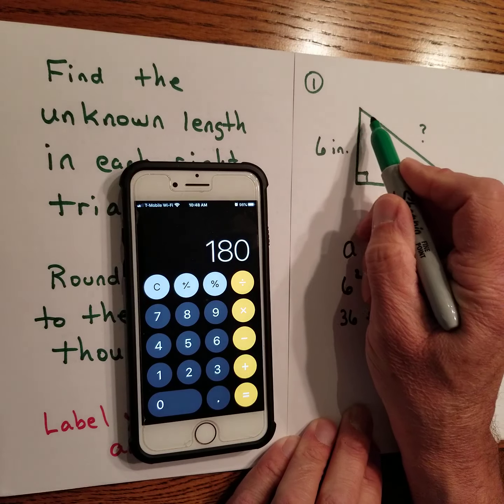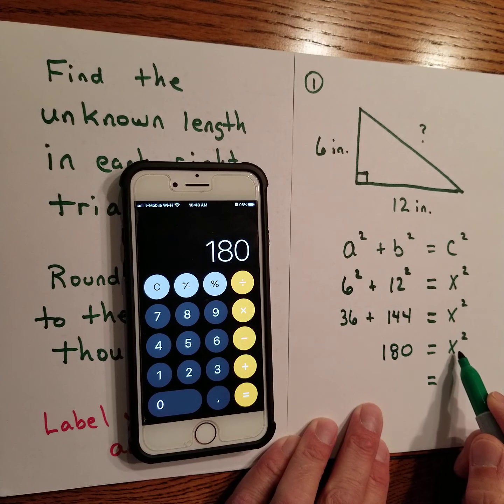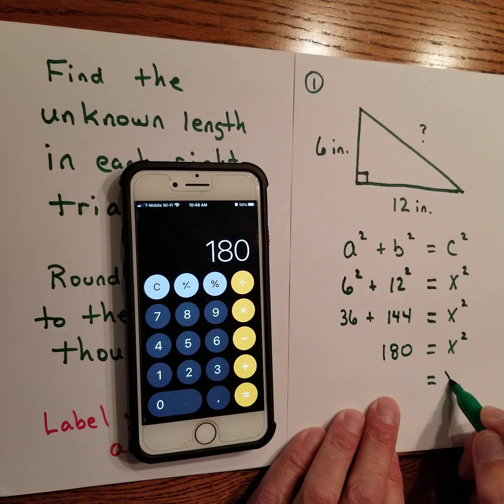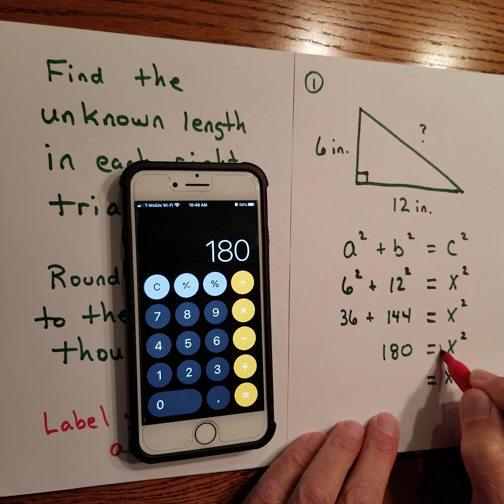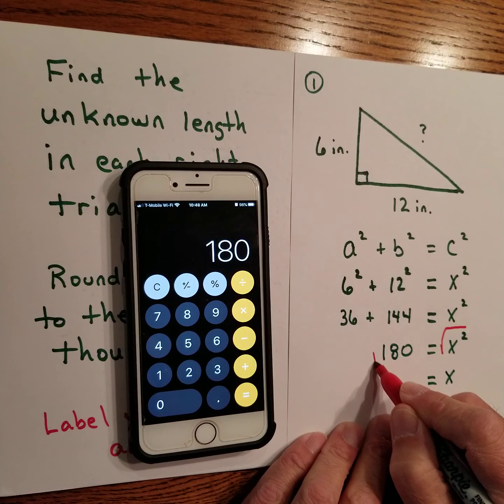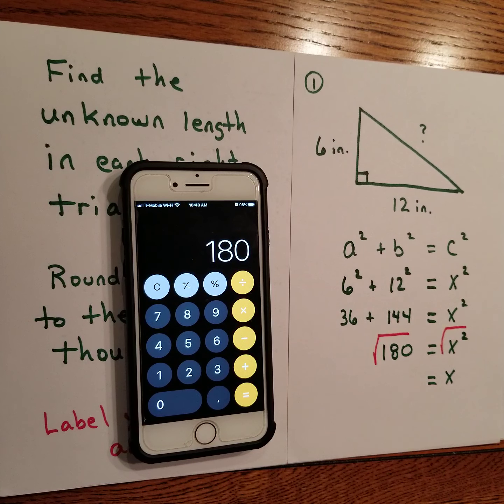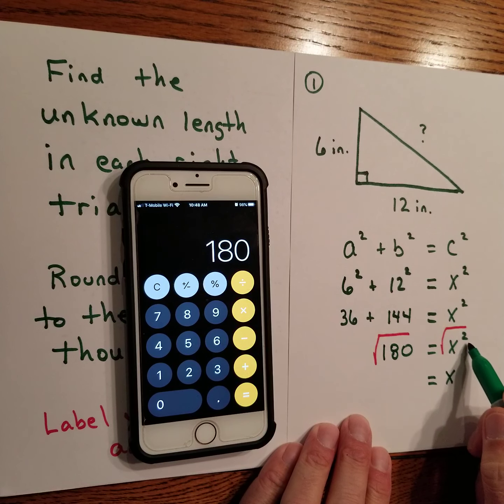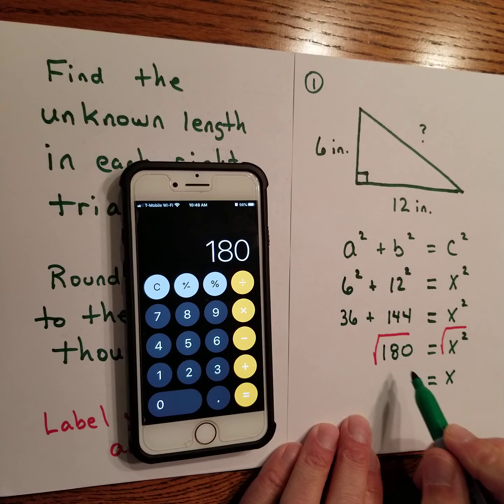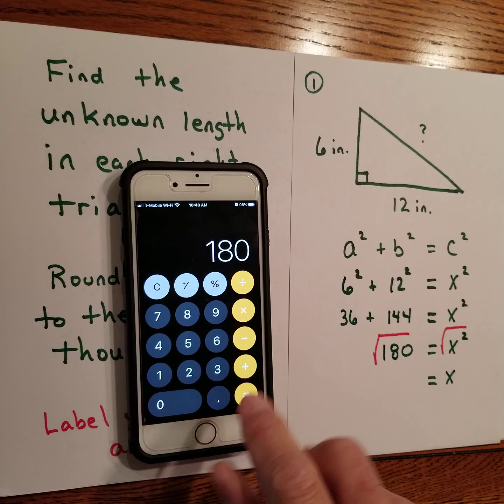Now, in order to find the missing side, I must know what x is, not x squared. In order to find x, I take the square root of both sides of this equation, because the square root and the square cancel each other out.